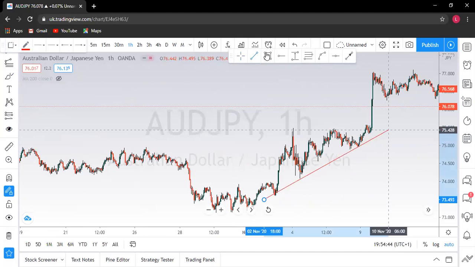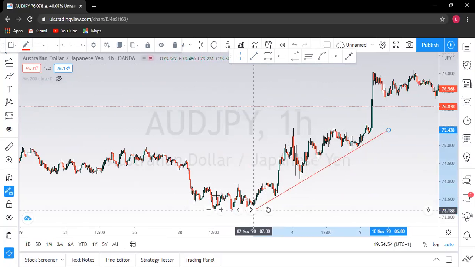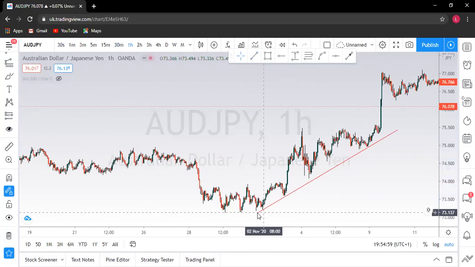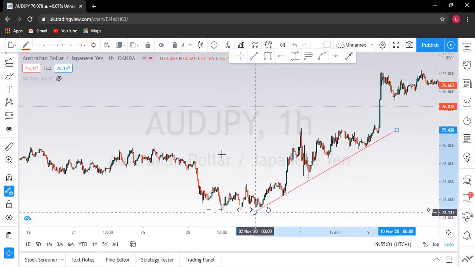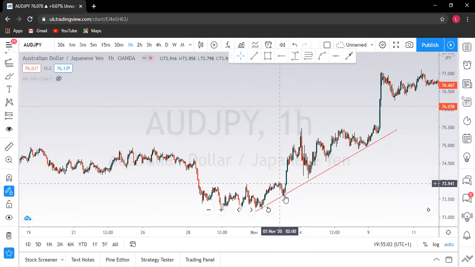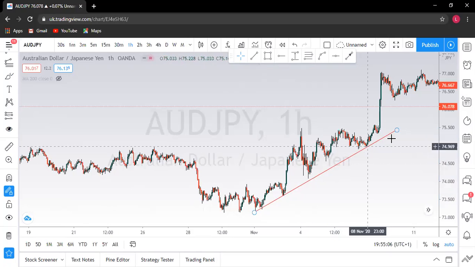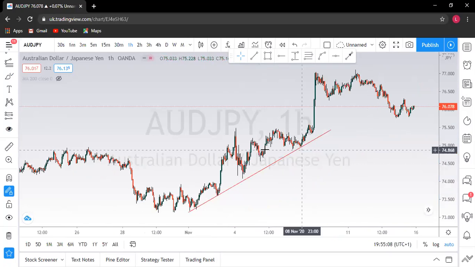Going to this trend line, this trend line also acts as a confluence for us to buy. We know we're in an upward trend and we should be fine, but we don't know the right place to buy. With the help of this trend line, we could easily spot that we can buy here, we can buy here, we can buy here, you understand? And the market continued pushing up.